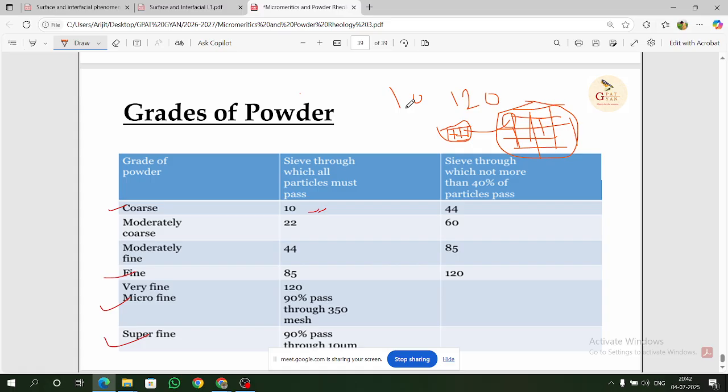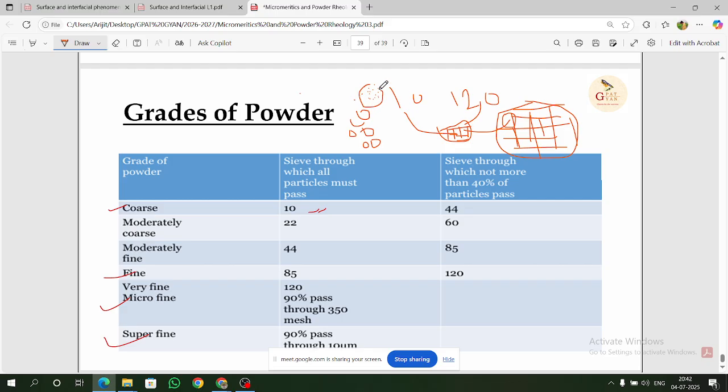I'm just giving you one basic idea. In the same area, if 120 pores are there, that is 120. Obviously 10 means a little bit bigger size, but 120 pores in the same surface will be very tiny pore size. So that is the basic idea.